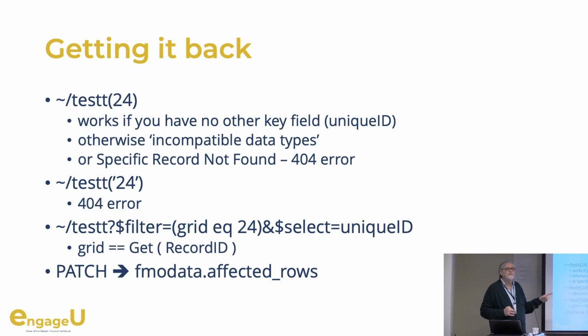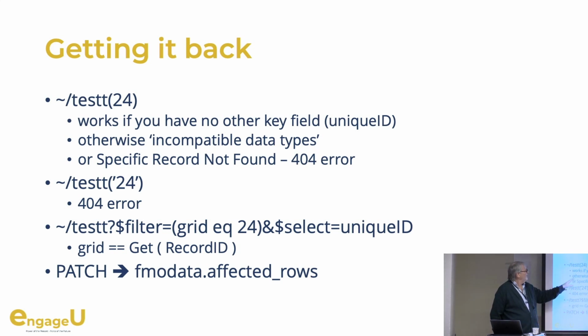Now that works only if there isn't another field in the table that's already flagged as a key field. And that involves you setting it up with a unique validation and no modification. If you, for some reason, have a table that has a unique ID field, but you haven't set it up to be unique or to be a key, OData doesn't know it's a key field, so it will work with the row ID.